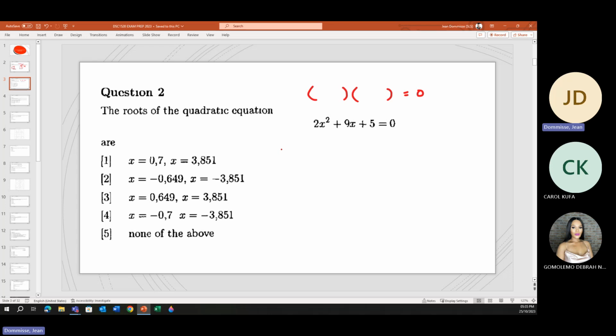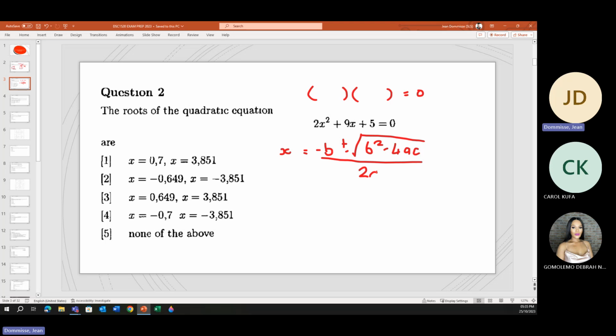We will need to use the formula. So remember, the roots formula is minus b plus minus the square root of b squared minus 4ac, over 2a.